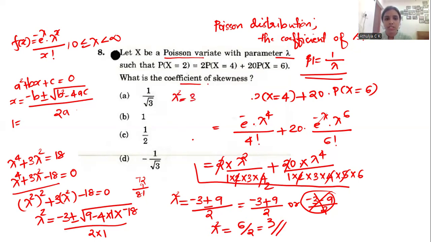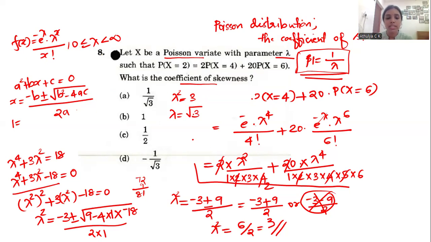What is the coefficient of skewness? We explained earlier. That is beta 1 is equal to 1 by lambda. So lambda square is equal to 3, so lambda is equal to root 3. Can it be negative? No. Why? Because the value of lambda cannot be negative. It ranges from 0 to infinity.